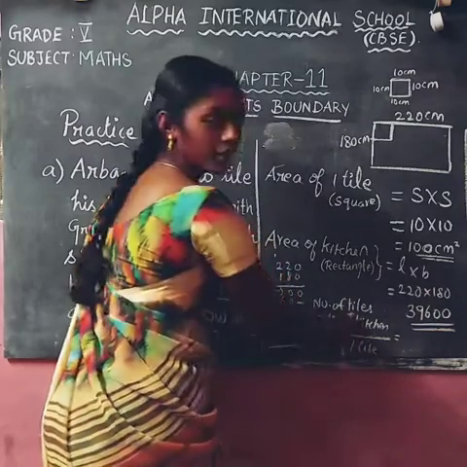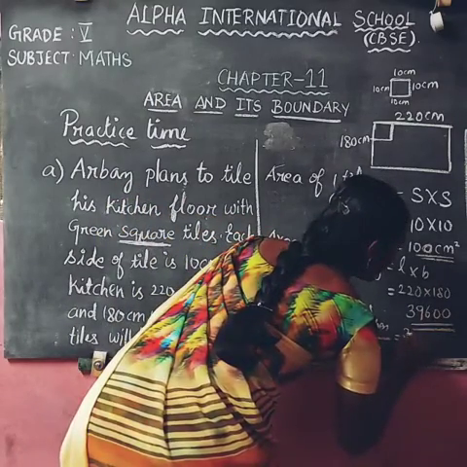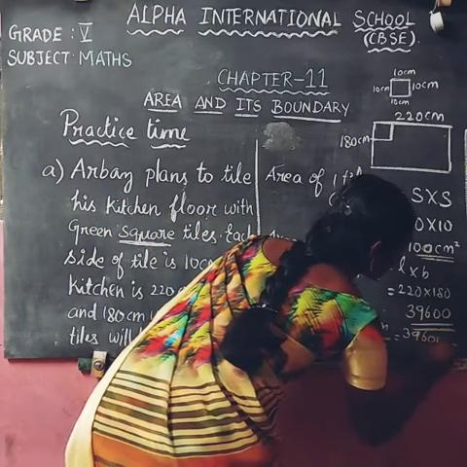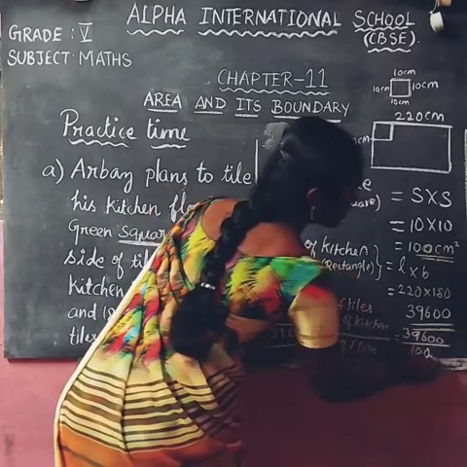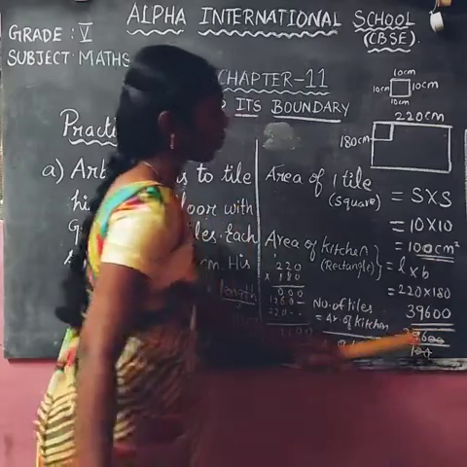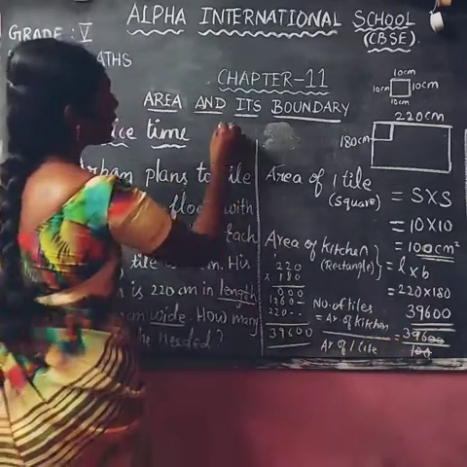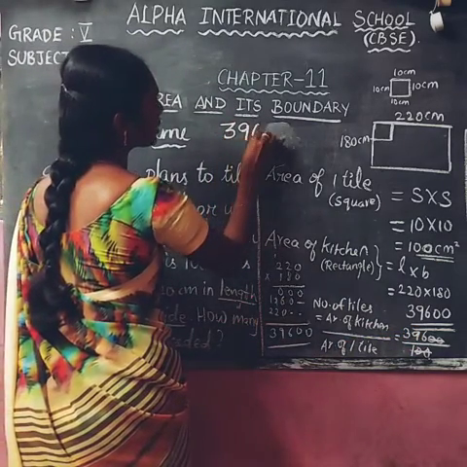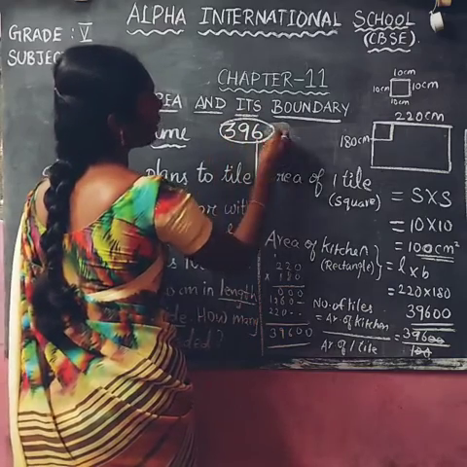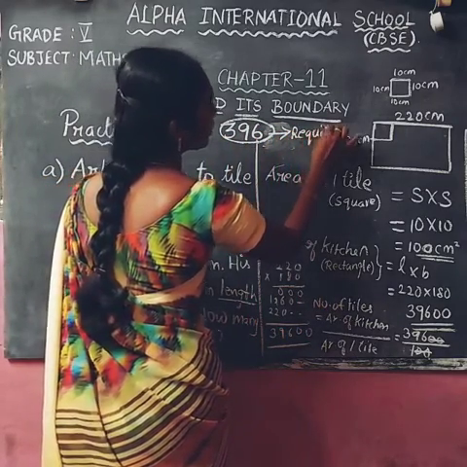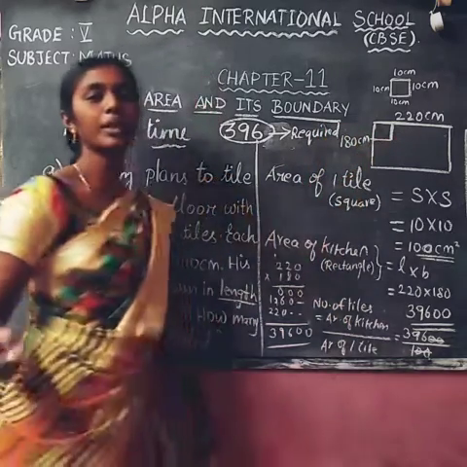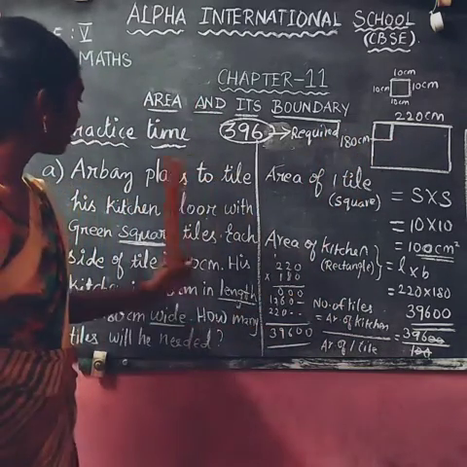What is the area of the kitchen? 39,600 divided by 100. The 0, 0 cancel. And what will I get at last? 396 tiles are required to complete this full floor. Clear, children? I am explaining to you.